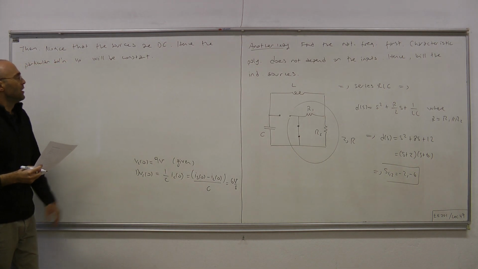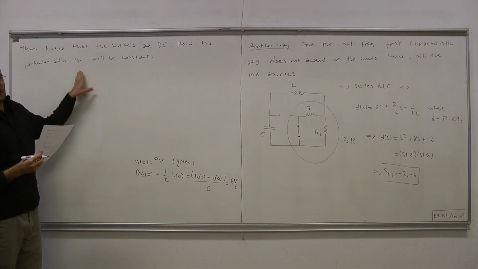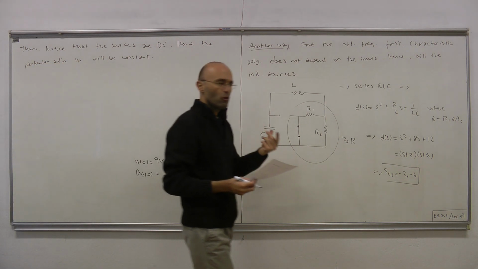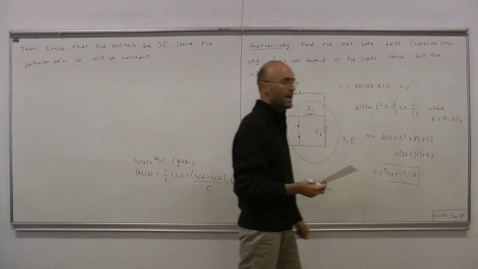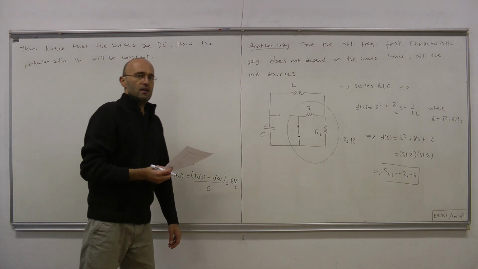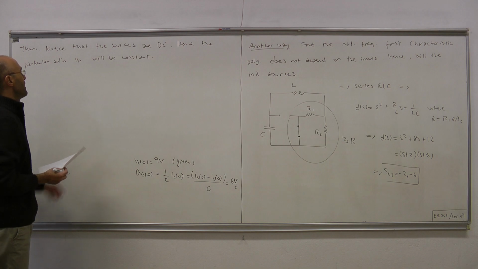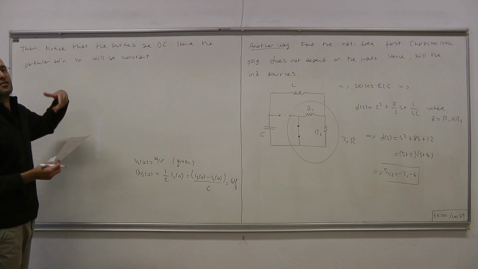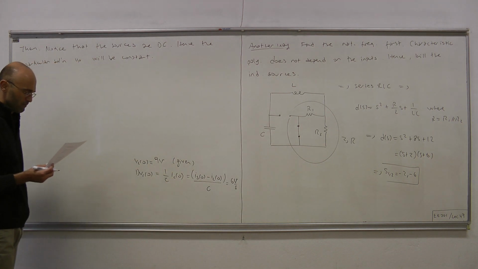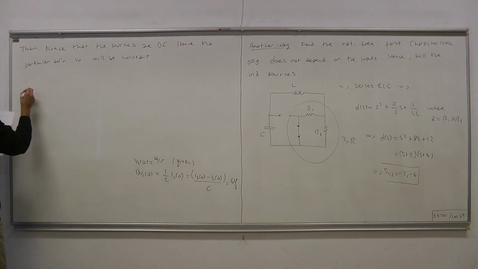Okay. Now, the overall solution is particular solution plus the homogeneous solution. The form of the homogeneous solution is K1 e to the minus 2t plus K2 e to the minus 6t. And then we have the particular solution, which is constant. Let's call it A. So let's write that down.